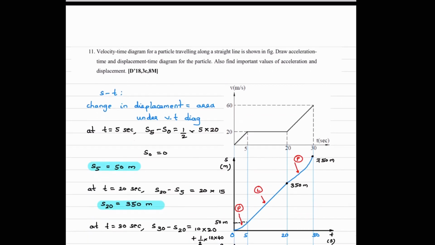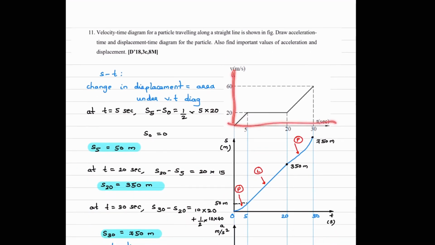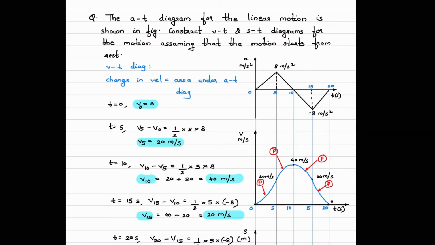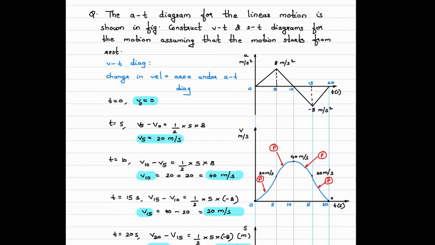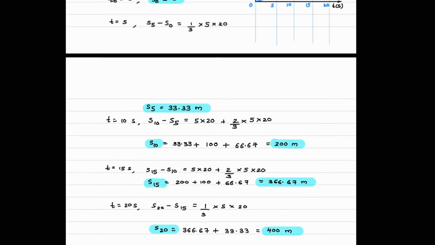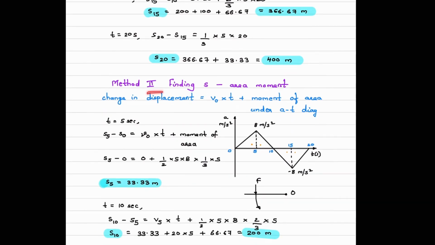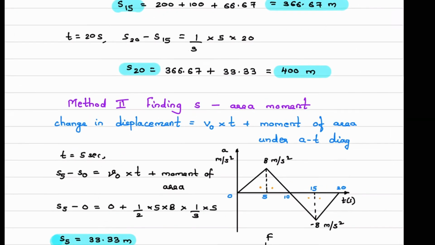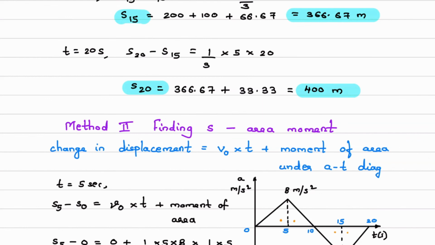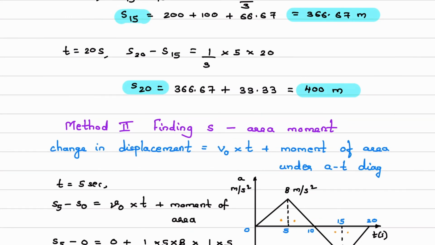After that we again solved a VT numerical, and in the last question AT was given, and we had to draw VT and ST from it, and for ST we saw 2 methods. This is method 1 and this is method 2, the area moment method. In the next lecture we will start with curvilinear motion.